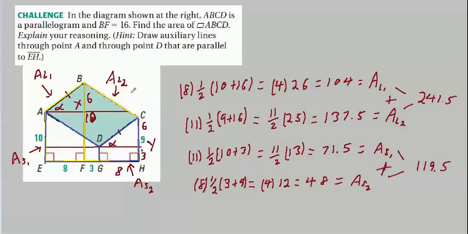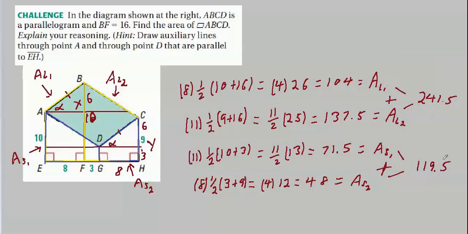That would be the whole thing, like the A, B, C, H, and E, which is an irregular pentagon. This notation, I just made it up. It's not standard. What I meant to say is you add up A sub L1 and A sub L2, and that's what you'll get. That's the large area. You add up A sub S1 and A sub S2, and you get 119.5.